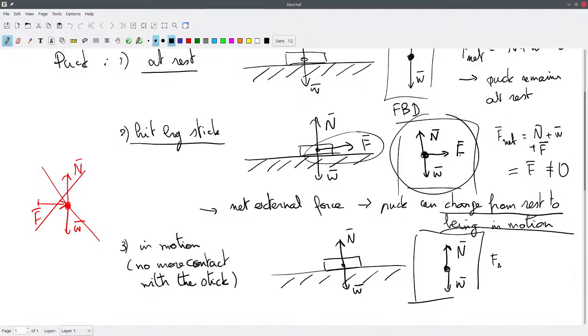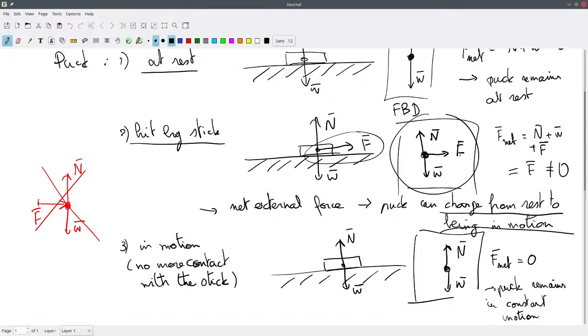The net force now is equal to 0. It's still N plus W. The normal force and the weight, of course, didn't change. So if the net force is 0, then the puck remains in constant motion.